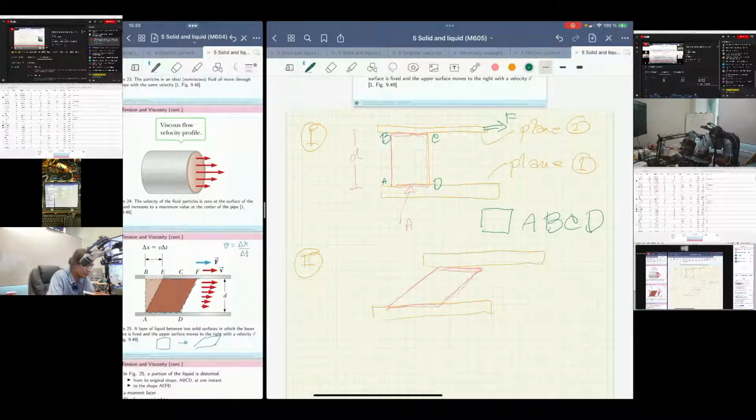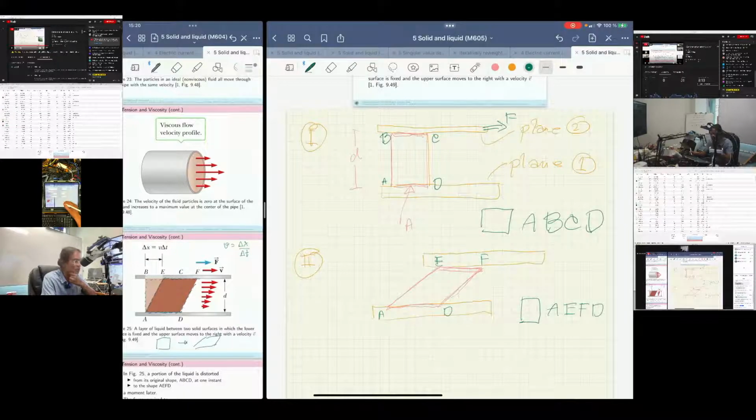It changes from ABCD to A, E, F, D, like this. The area still remains the same. The contact area is still the same, A, and the distance is still the same, distance D. And we would like to know what is the effect of F.